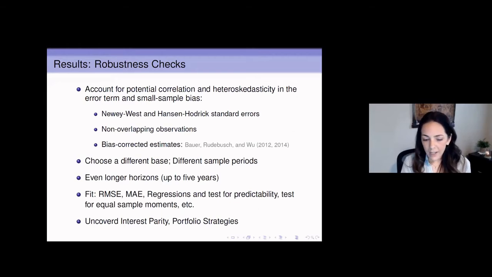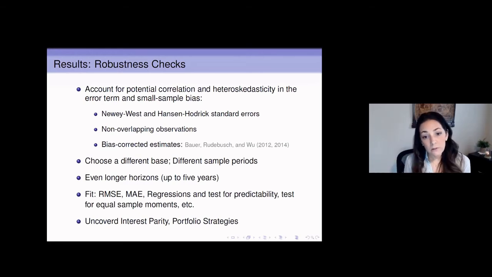So when we look at asset prices, because of some of the econometric characteristics of the data, we want to be very careful and do a lot of robustness checks. Specifically, we want to account for potential correlation and heteroscedasticity in the error term and small sample bias. And I do that by adjusting my standard errors with Newey-West or Hansen-Hodrick statistics.